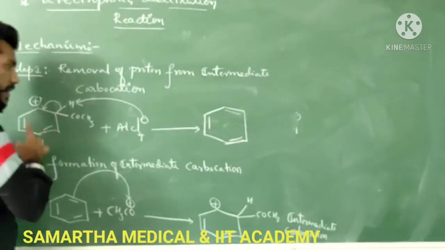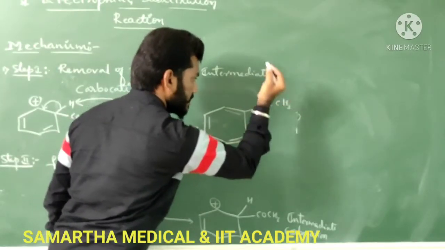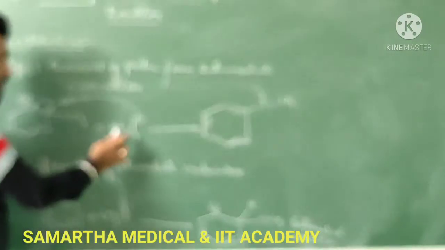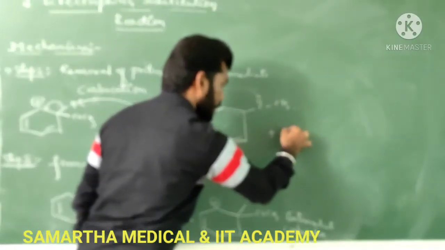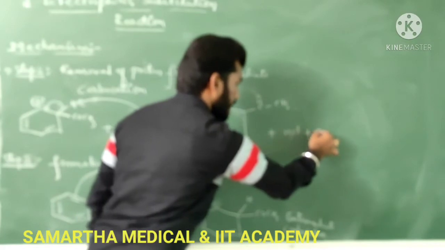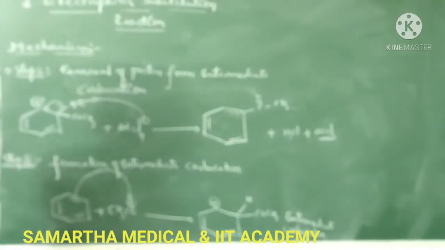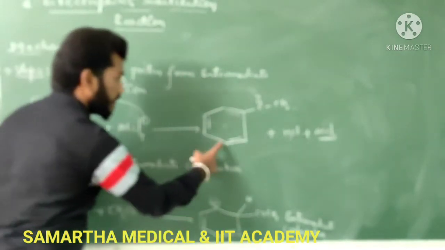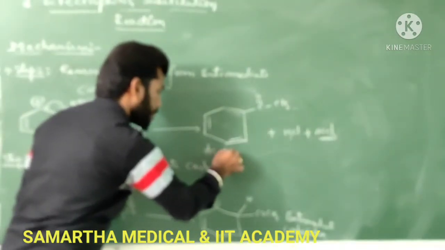And we have COCH3 as our major product, and in this case one Cl is connected with the hydrogen to become HCl, and the AlCl3 catalyst remains as it is. So this will be our required product, that is acetophenone.